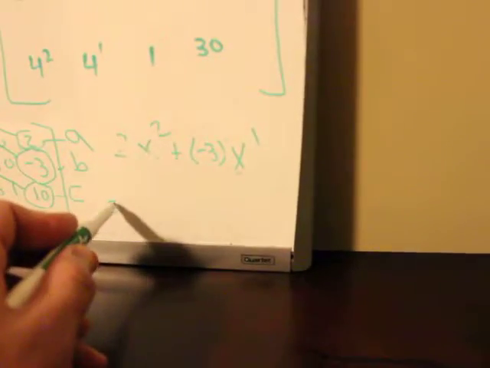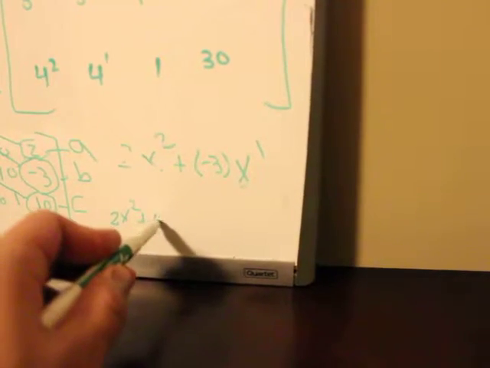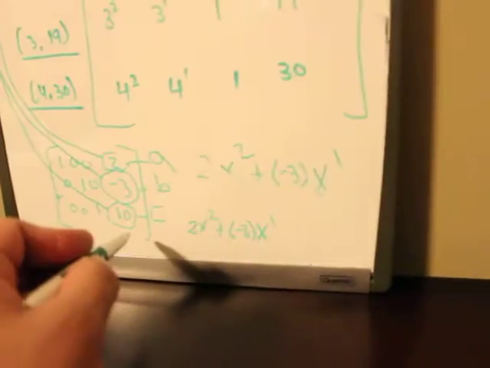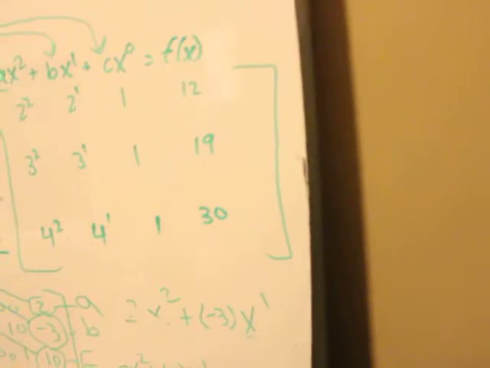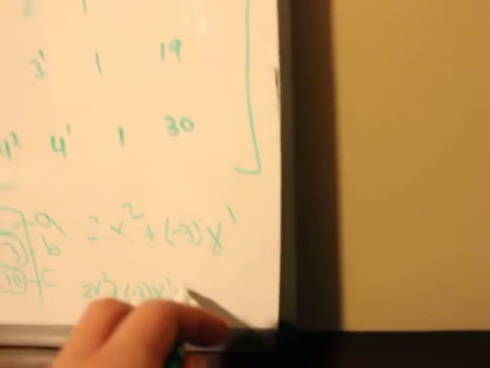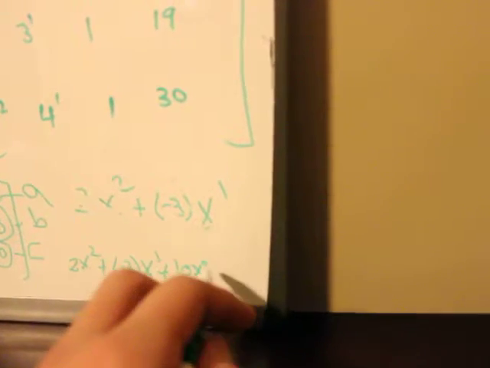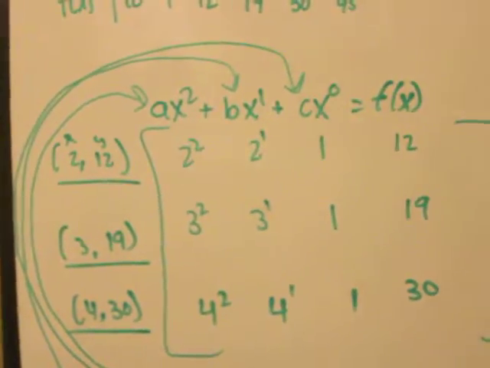We have 2x squared plus negative 3x to the 1. Now my C value is 10, so in my equation I put my value in for C here, which is 10 times x raised to the 0 equals y. So that's how I got my equation. All I did was plug in my variables for A, B, and C.